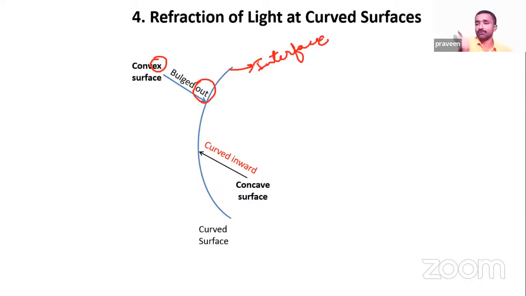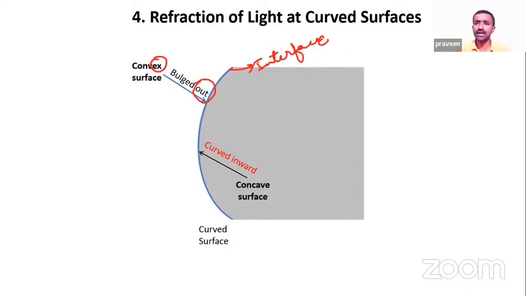Suppose I give you one surface as denser, having water. That same simple glass, inside what did you fill? Water. Its outer surface is what? A curved surface, circular. So that we can call the denser medium. Outside is air, the rarer medium. So this you need to keep in your mind.